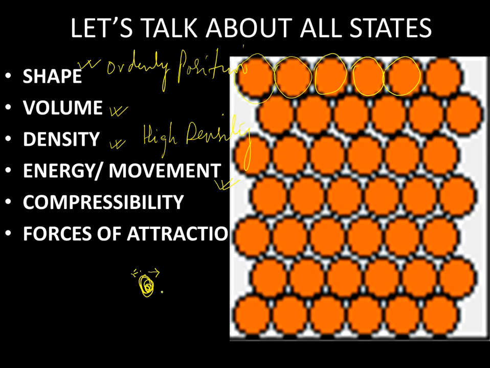So these particles are in motion, but their kinetic energy is very low, so they can only vibrate about their mean position. They cannot leave their place, unlike the particles of a liquid, which can move in the whole body of the liquid. When we see the arrangement, we find no empty spaces between the atoms. So solids are not compressible.